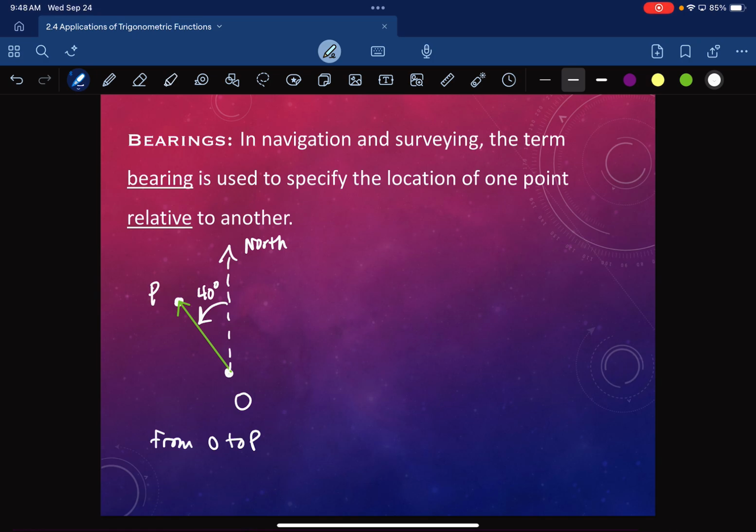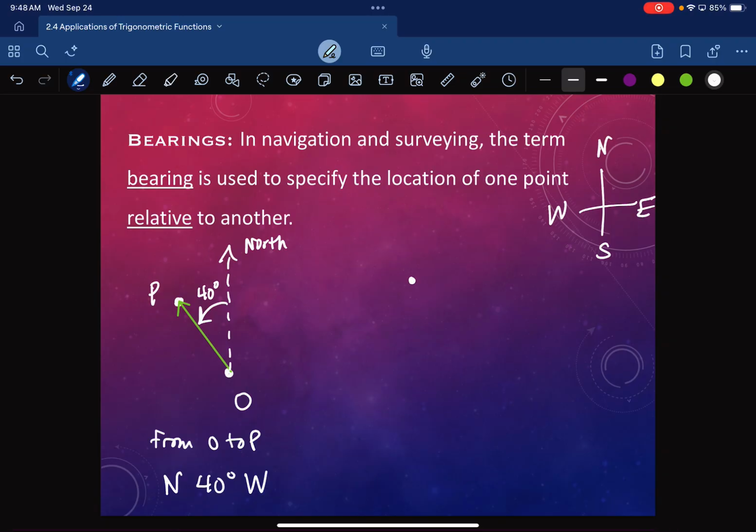So if this is the picture being described, the way that we describe this in language is that it is north 40 degrees west. If we go straight north and then we go 40 degrees to the west, right? North and south, and then this is west and east. We're moving west from the northern direction. That's how we would describe this.